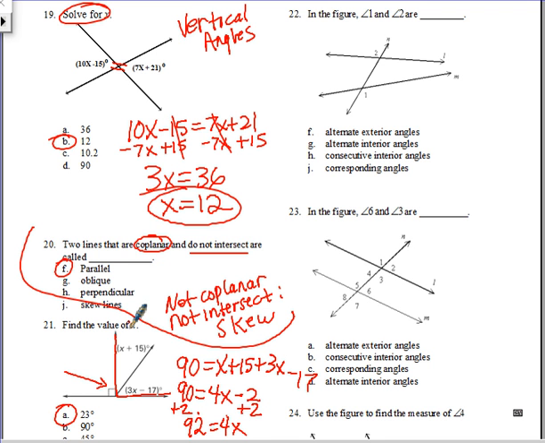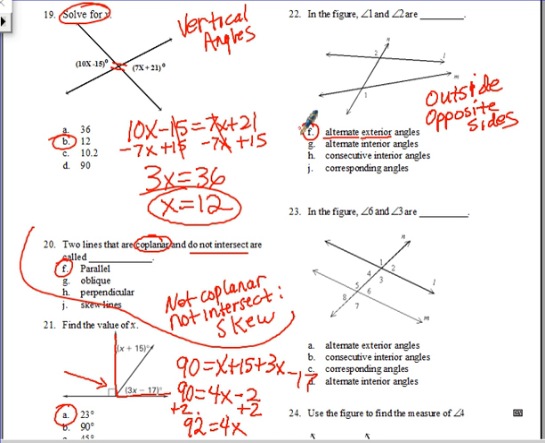Number 22. They're both on the outside of your line, and they are on opposite sides. So if they're outside and on opposite sides, that means that they are alternate exterior. So you know that number 22 has to be alternate exterior.